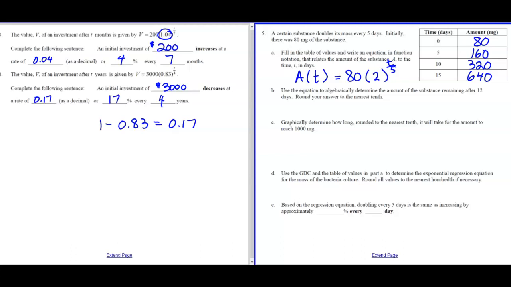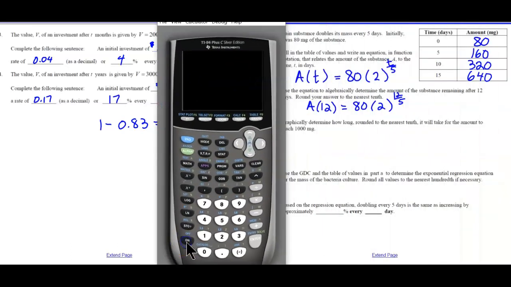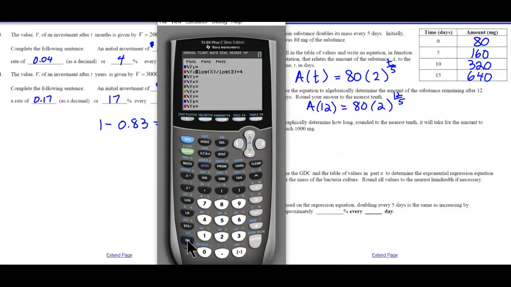So if it says algebraically determine, that means show your substitution. And you can use your calculator, but you show what you're doing rather than you say graphing this and finding the answer. So we're trying to find A of 12. I don't expect you to be able to figure that out without a calculator.